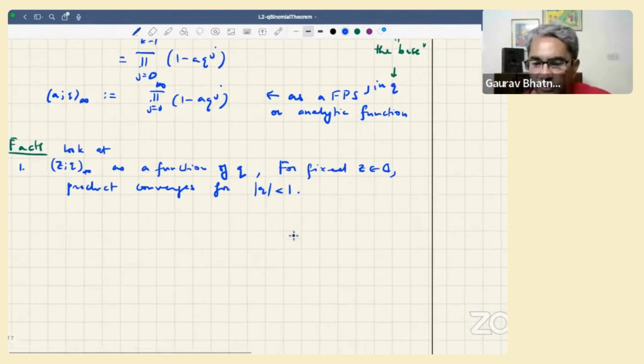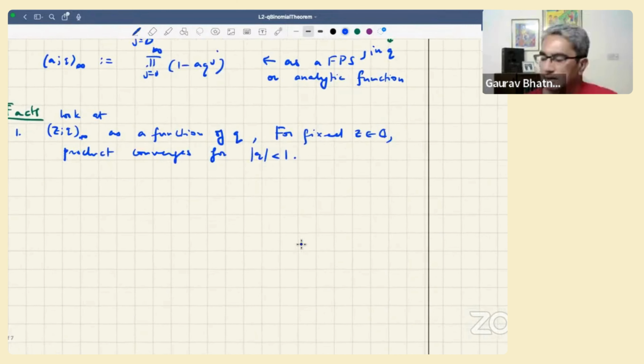Again, q could be a complex number, and it converges for any z. This we will prove, and it converges absolutely, in fact.